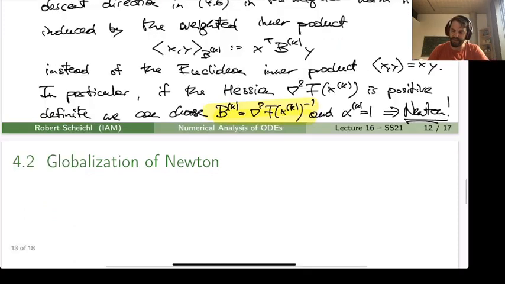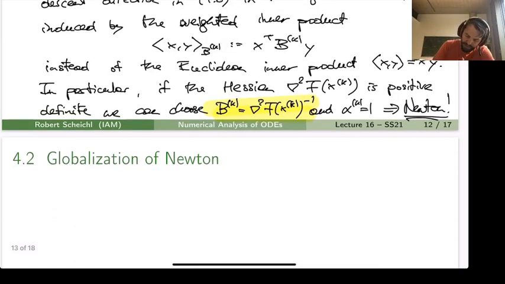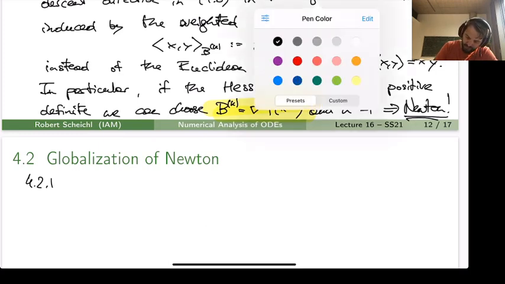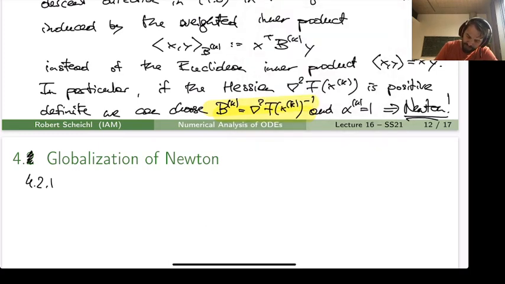So let me just pin down what this next section is about. Okay, this is not 4.2. This is 4.3. This is 4.3.1. So again, I say convergence of Newton is only local.